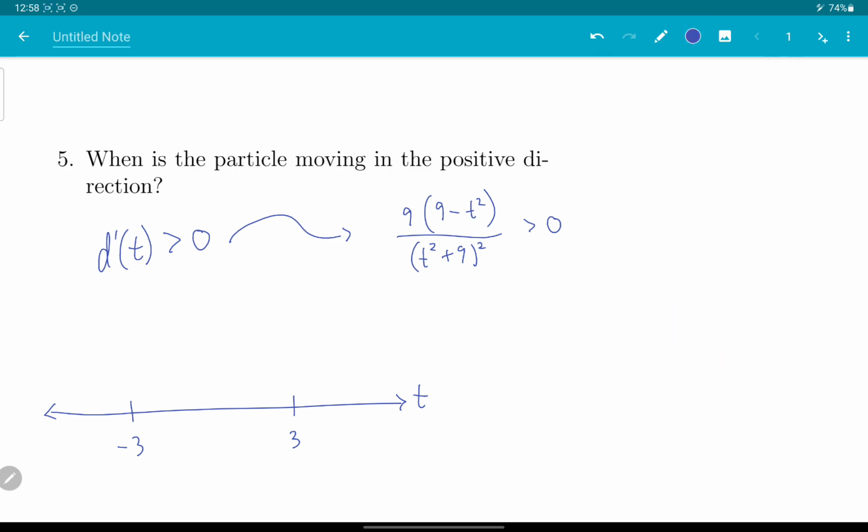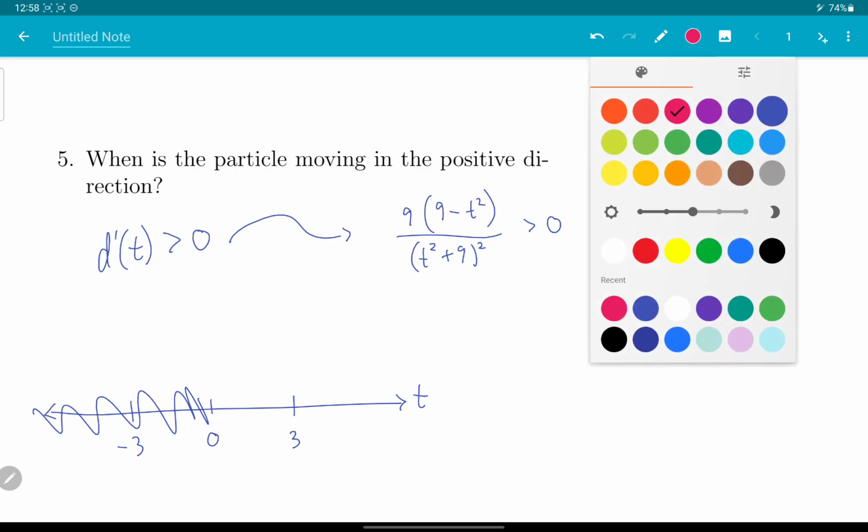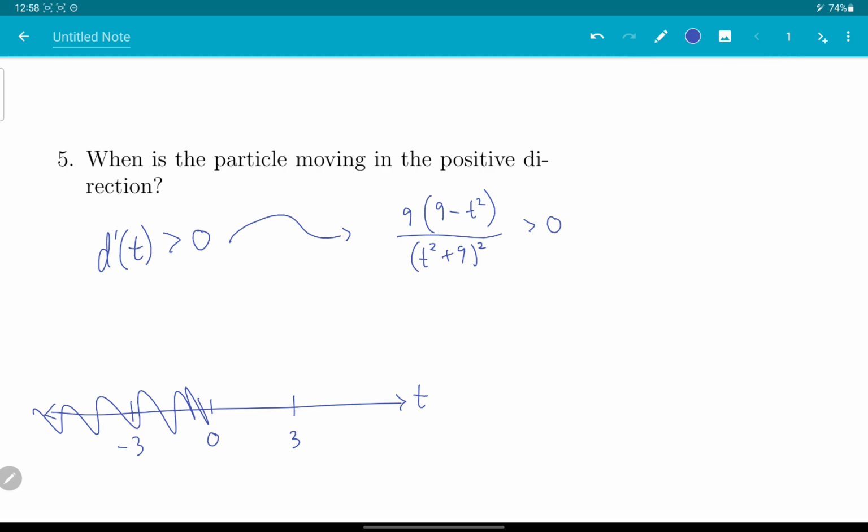Now I should remember that we decided above that t is bigger than 0, meaning I don't care what's happening over here. So I'm going to classify these two intervals as either giving d prime bigger than 0 or d prime less than 0. And how I classify them is by using what's called test points.